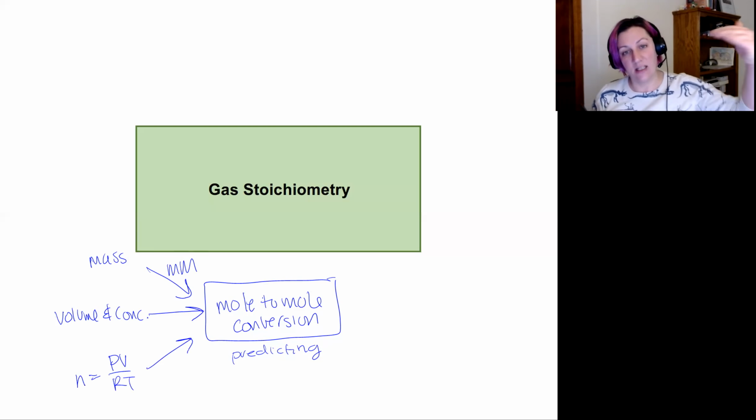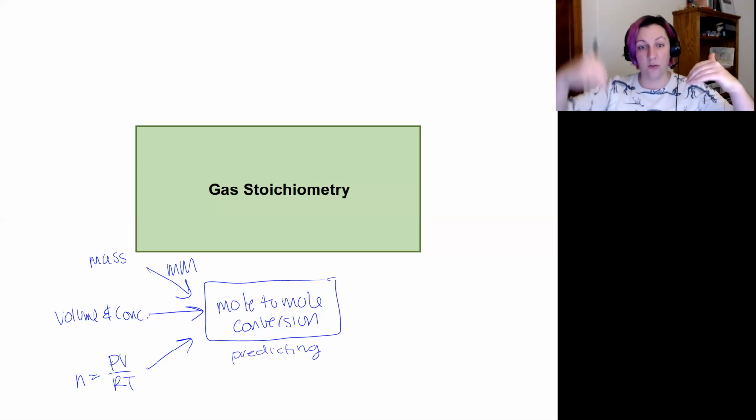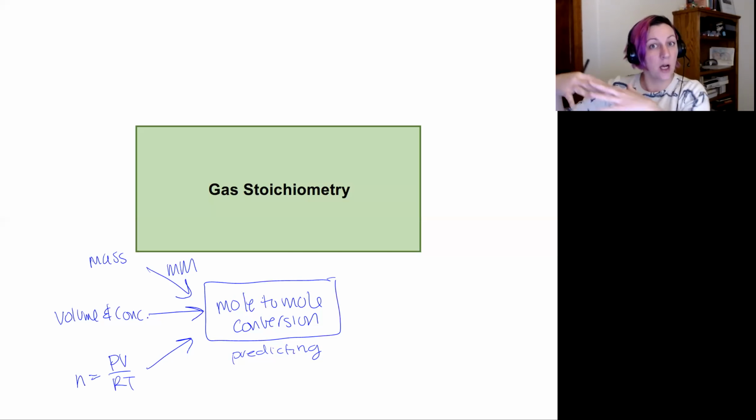And so we can get to that number of moles for one compound in three different ways, and we can convert it then into the moles of a different compound within the chemical reaction. And then coming from that point, when we know the moles of something, we can still convert that into mass or into concentration or volume or into another property of a gas, like volume or pressure.